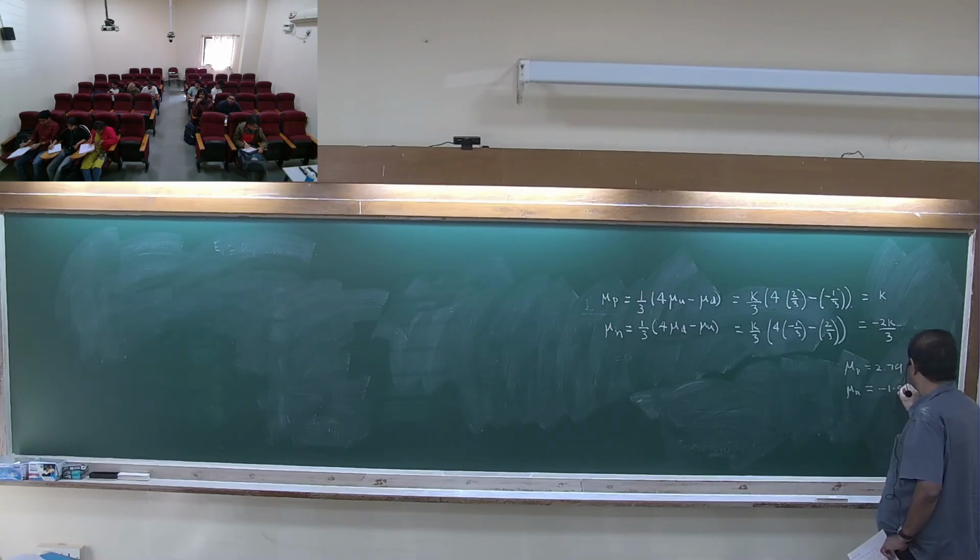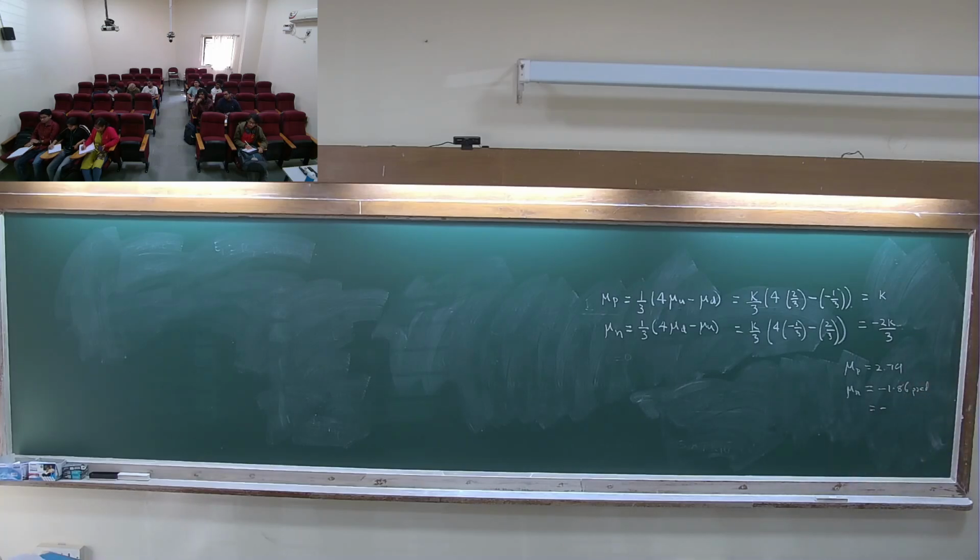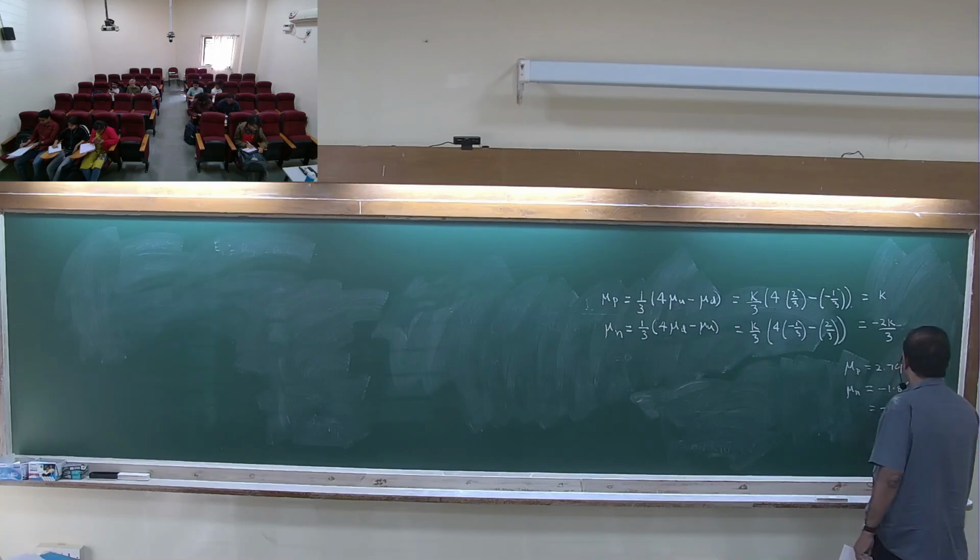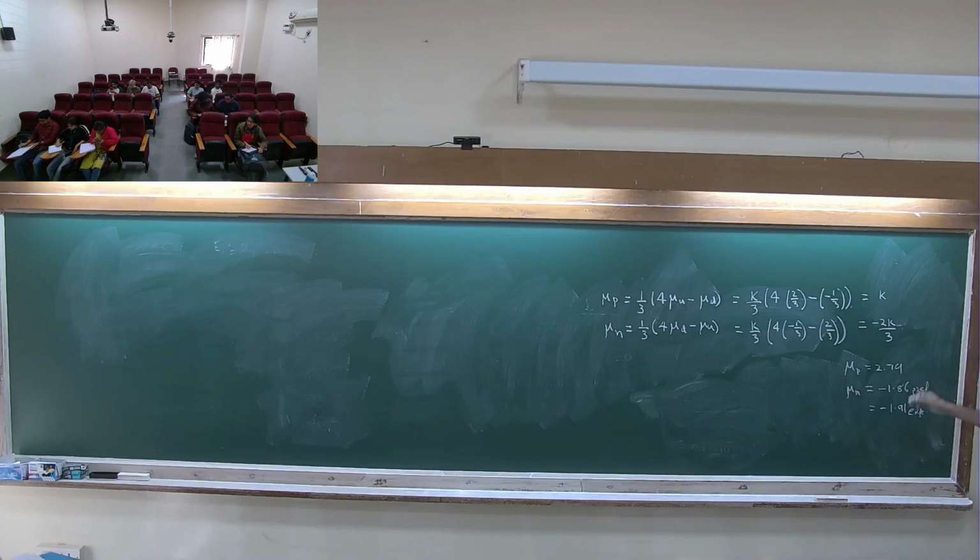Minus 1.86 is the prediction, and the actual experiment is minus 1.91, I think. Have a look, Google it. Minus 1.91 experimentally. So this supports the idea that this is correct.